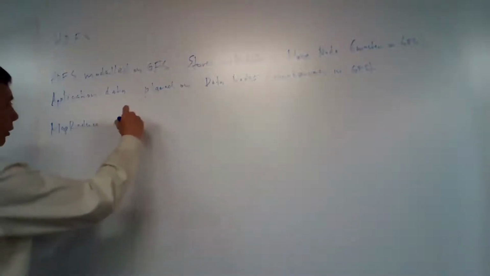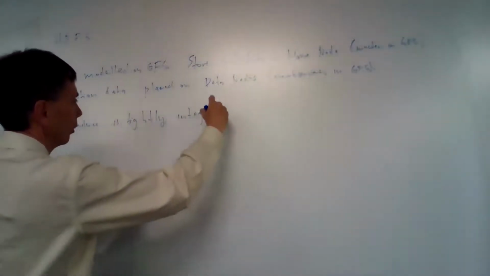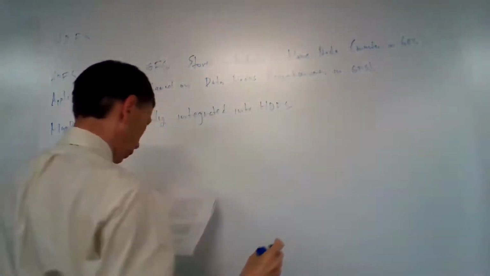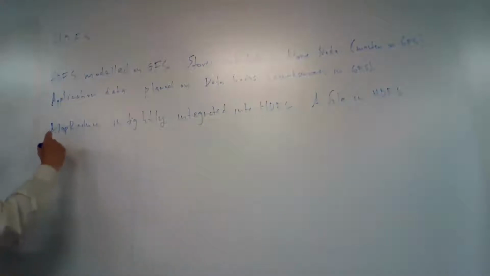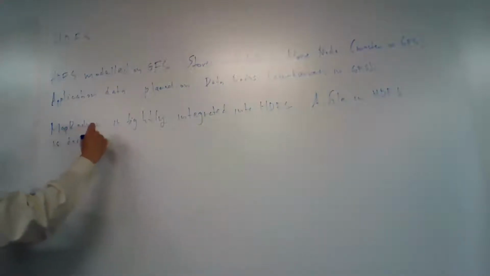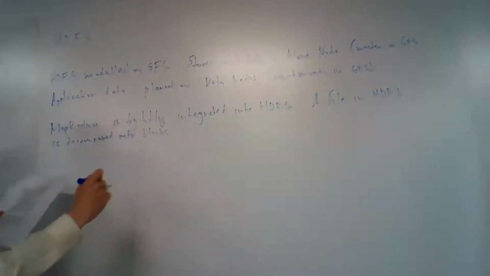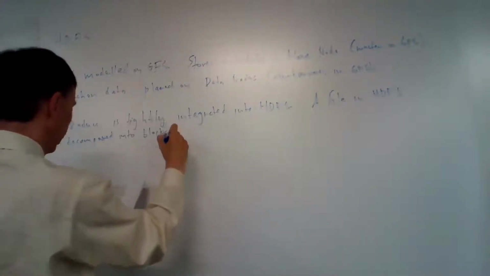And so MapReduce is tightly integrated into HDFS. Okay. So a file in HDFS is decomposed into blocks, which would be like chunks that are replicated throughout the cluster.